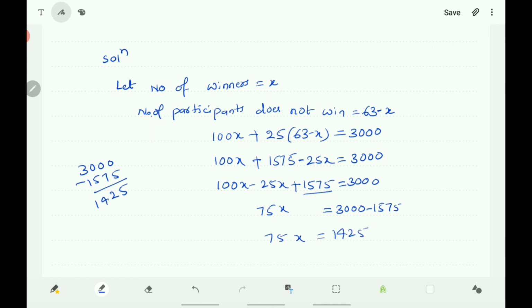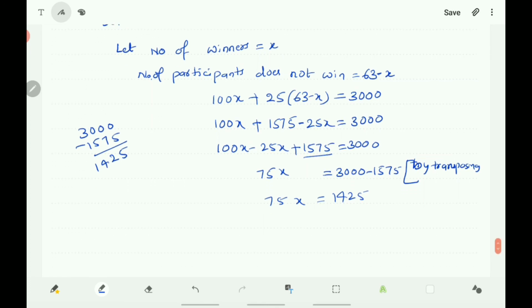You know what you have done here: by transposing 1575 to the RHS. Now again, to cancel 75, you divide both LHS and RHS by 75, so it becomes 1425 by 75.